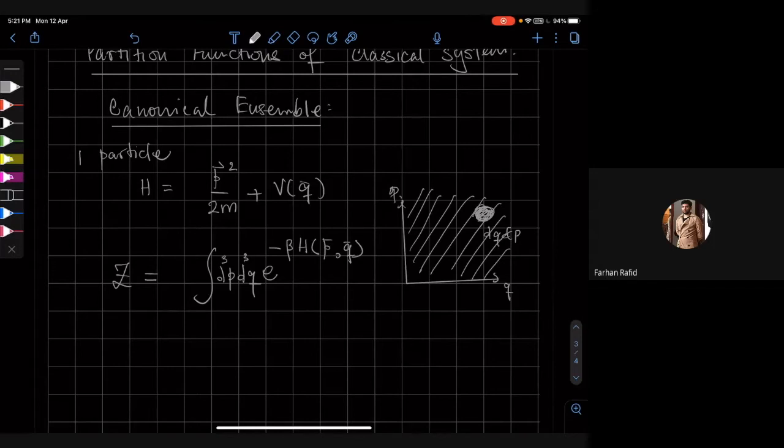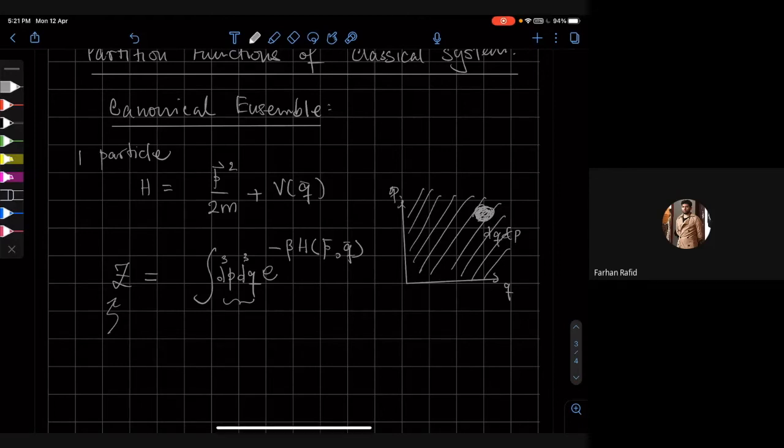But note that the partition function is going to be nothing but the sum of probabilities, right? So this partition function needs to be dimensionless, but these guys have dimensions. Now it's very easy to show that the dimension of the integral here is the dimension of angular momentum cubed.